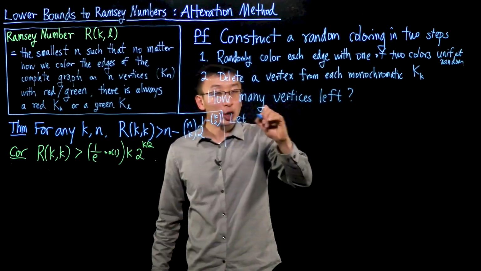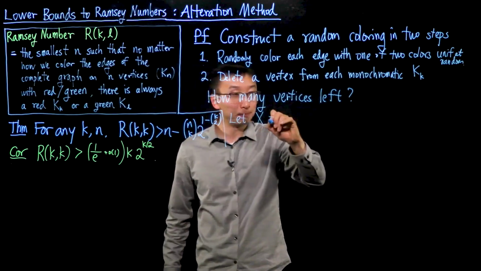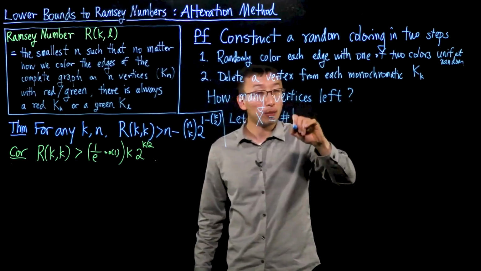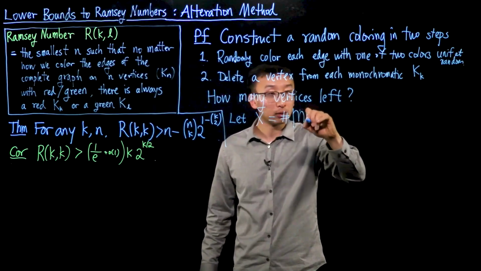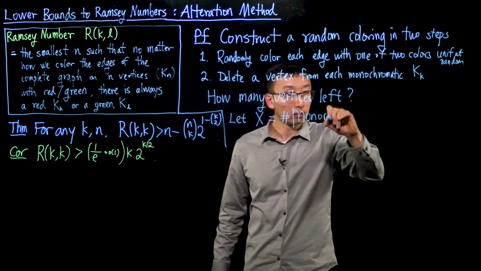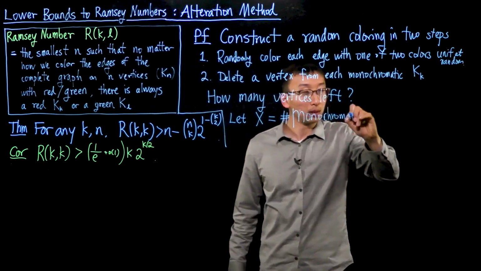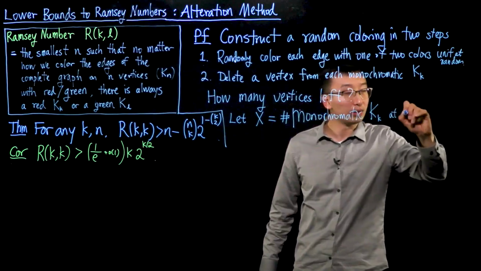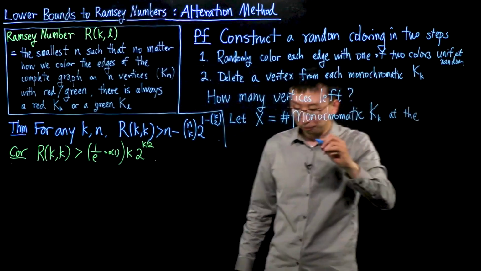Towards this goal, let me introduce a random variable x. And x is the number of monochromatic k-cliques at the end of the first step.